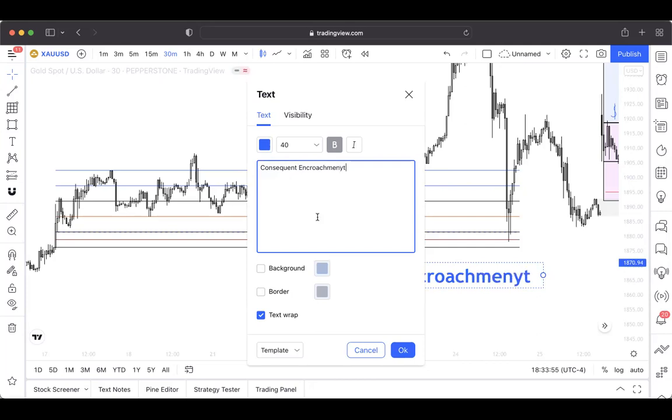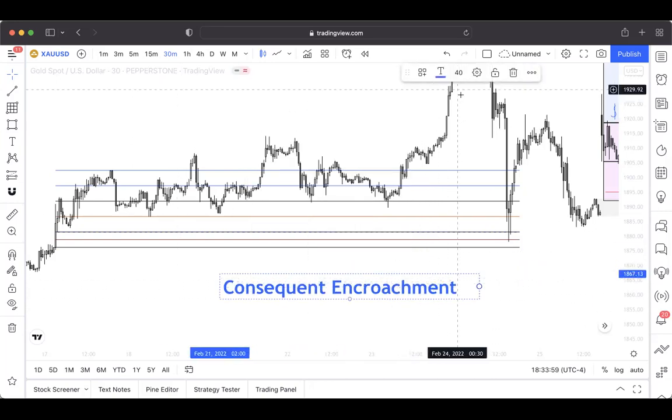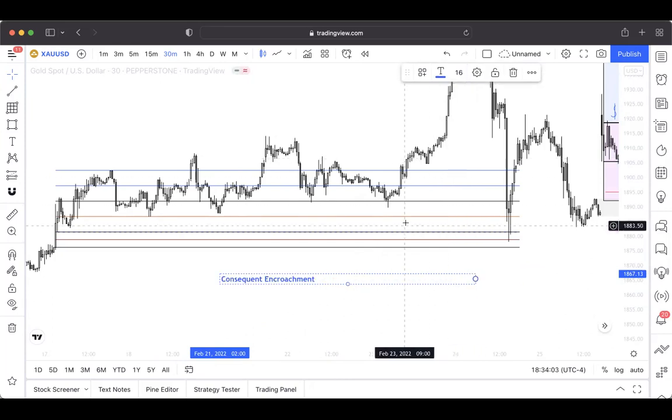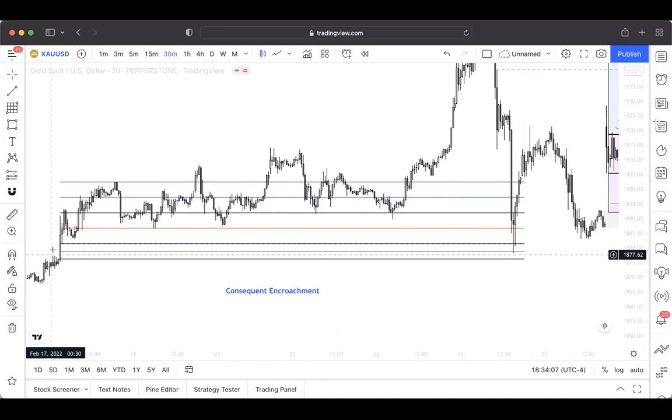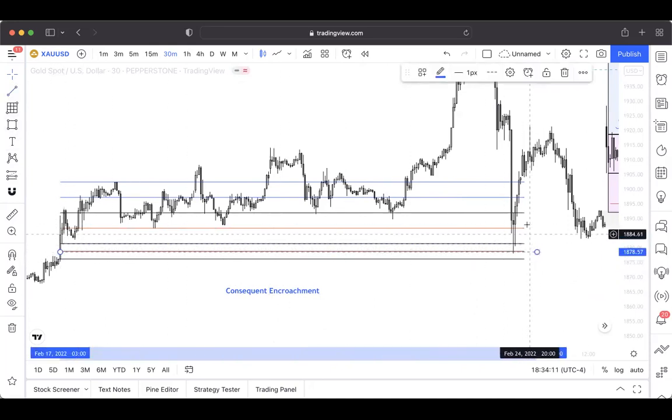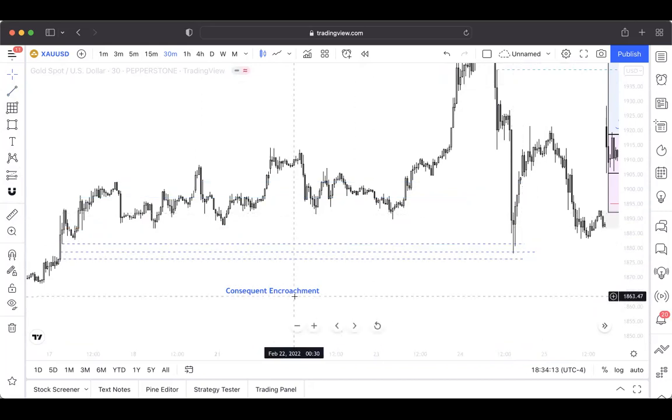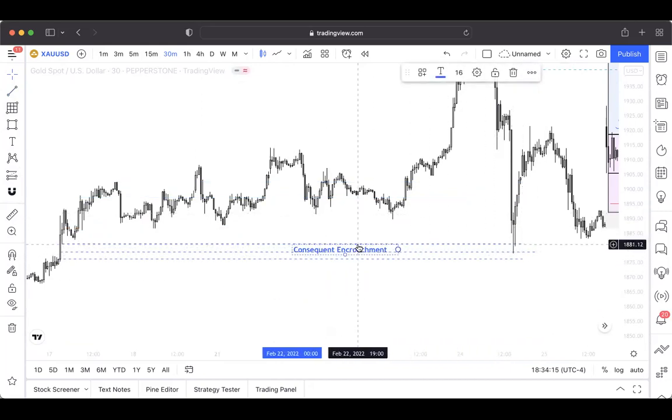Right there. This is the exact name of it, if you want to be more formal with it. Consequent encroachment, this is what we call the middle of the fair value gap. A lot of times that's what's giving you the reaction. So just keep this word in mind.